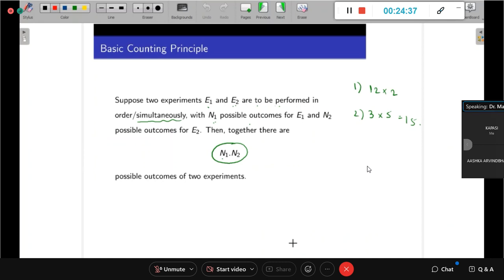Now what is happening here is the product rule. You have seen 12 into 2, and you have seen 3 into 5, so the product rule is applicable.